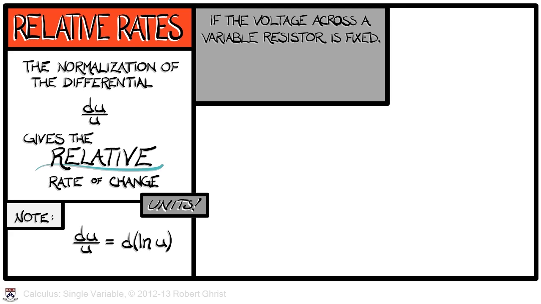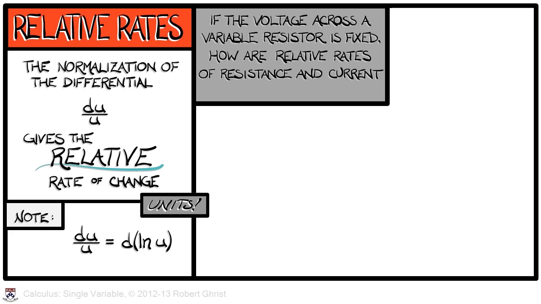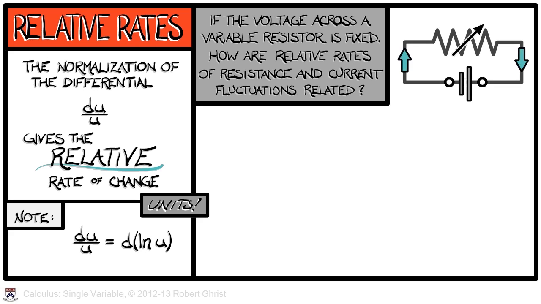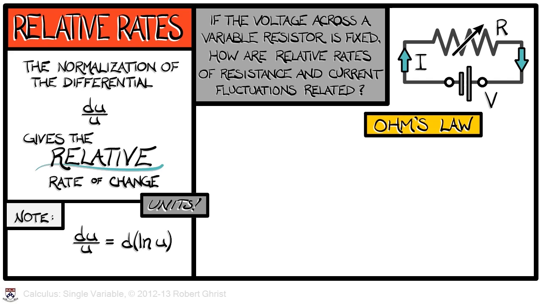If we have a voltage across a variable resistor that is fixed, then how are the relative rates of resistance and current related? So in a simple circuit with voltage potential V, current flow I, and variable resistance R, these quantities are related by Ohm's law.